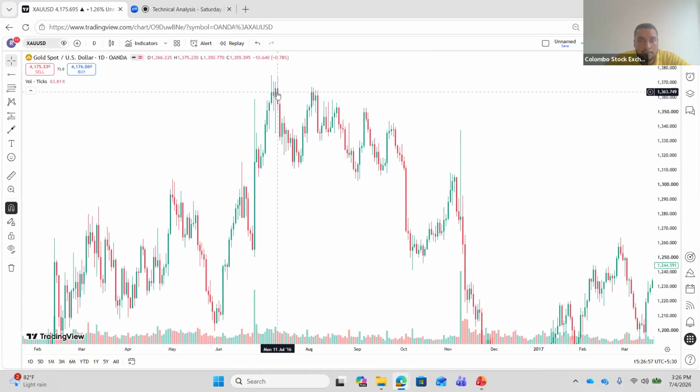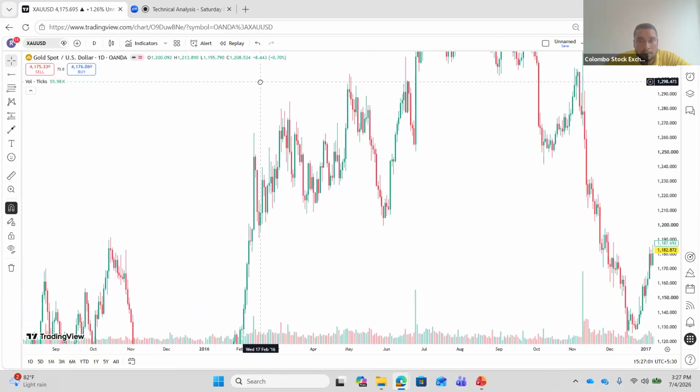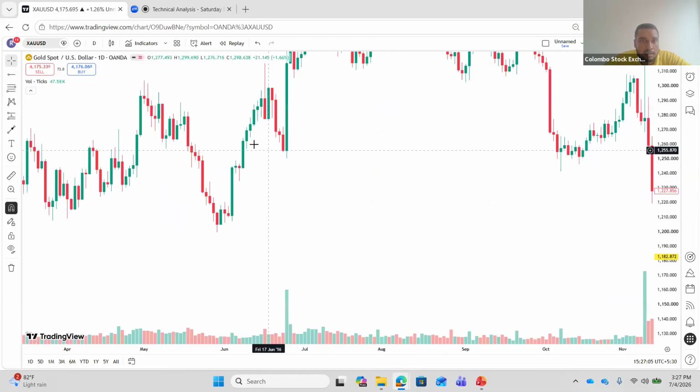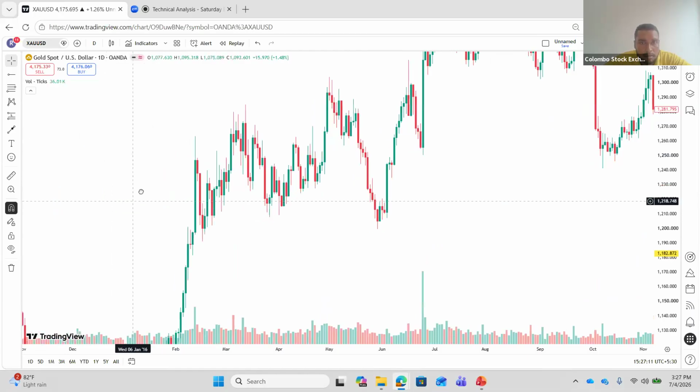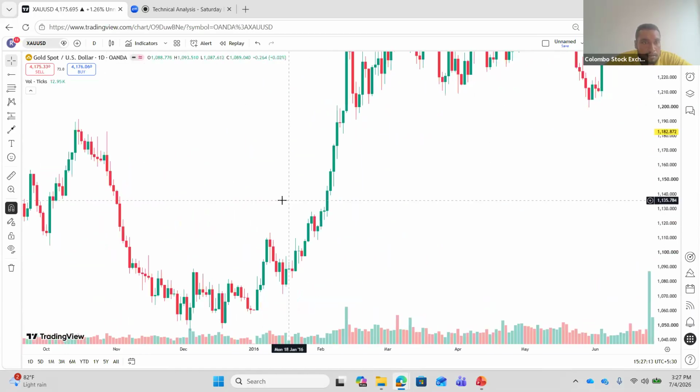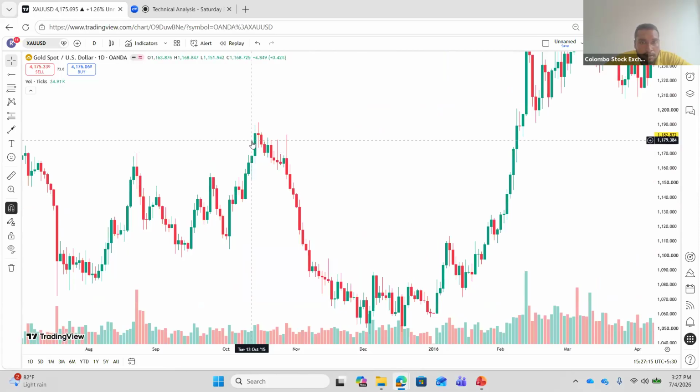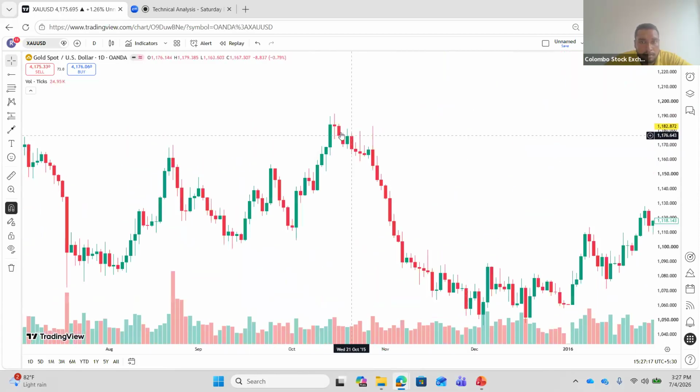Bearish engulfing, right? This is not really an evening star. Here, is this an evening star? Yeah, this is an evening star.